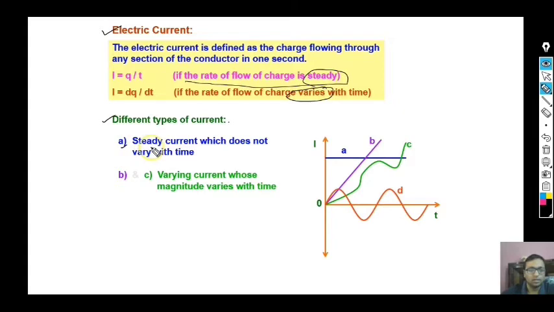The first one is steady current, which does not vary with time. This blue color you can understand, this is the graph of steady current.